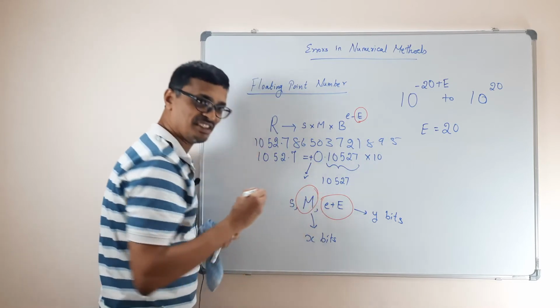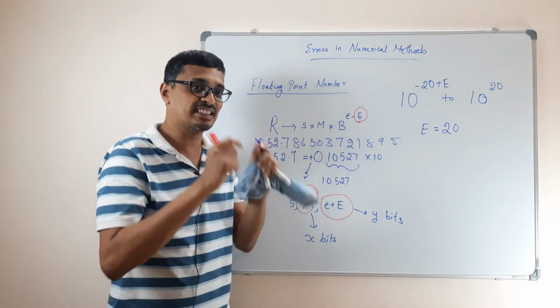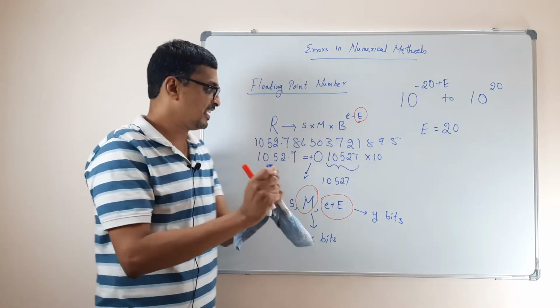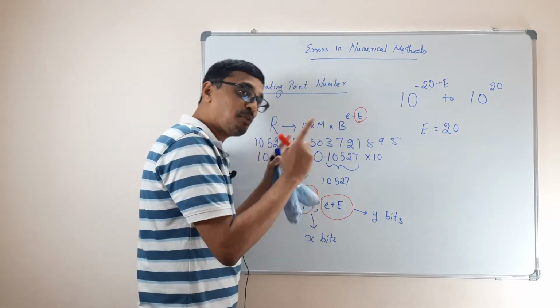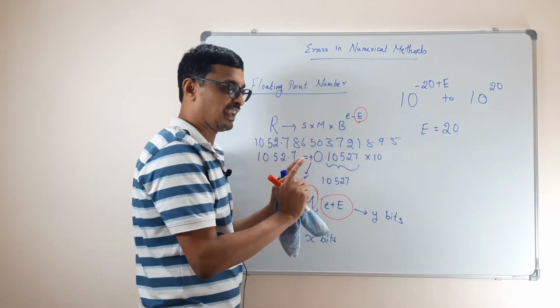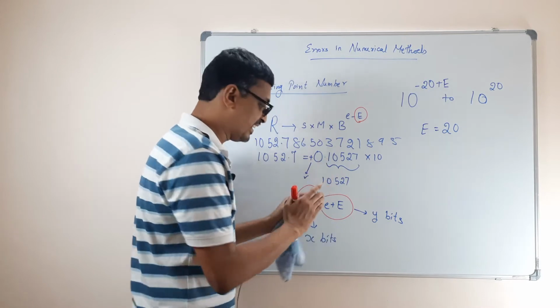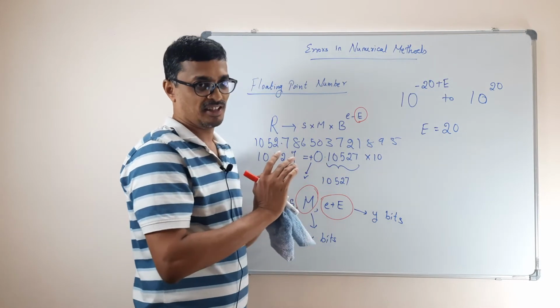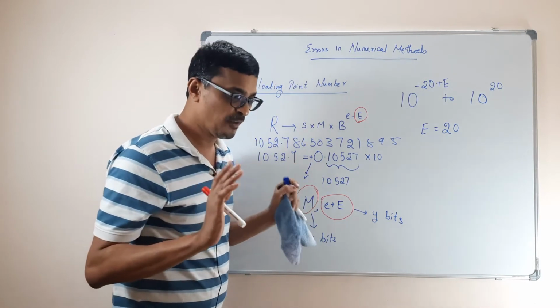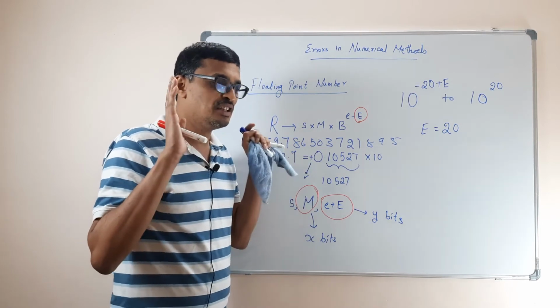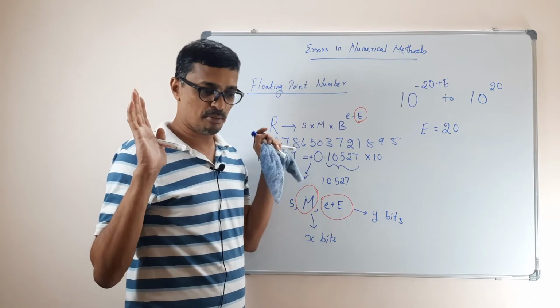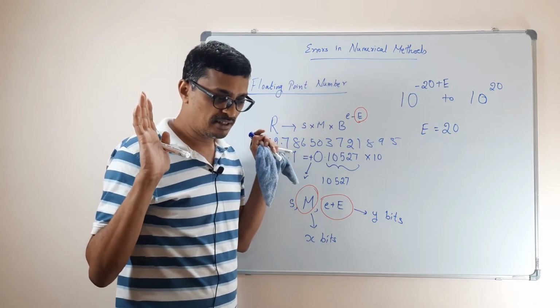You got it? So how accurately a number is represented is decided by the mantissa, and what is the smallest and the largest number I can represent is decided by the exponent. Am I making it clear now? This is how a floating point number is stored in a computer. Am I making it clear, everyone?